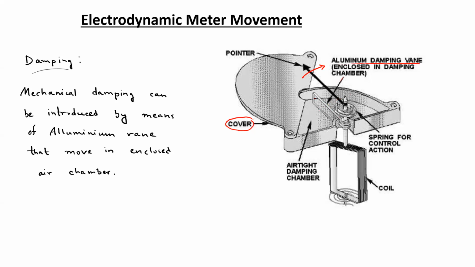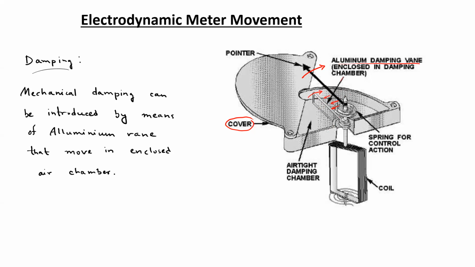So if the aluminum vane tries to move in the clockwise direction, the air present in the chamber tries to restrict the movement by producing some pressure on the vane. So it has to move in the clockwise direction against the force it experiences from the air inside the chamber.